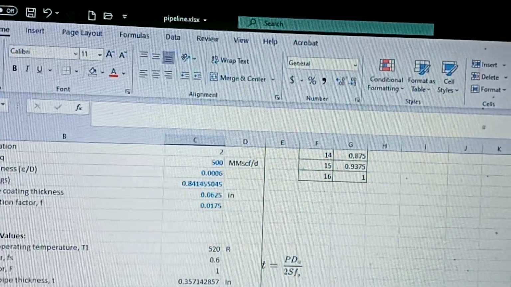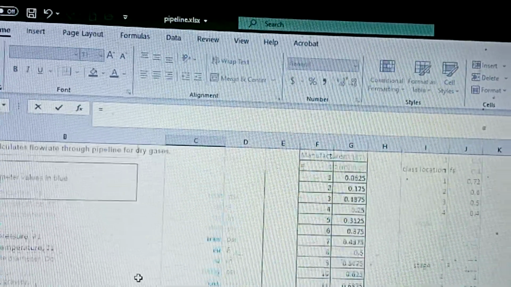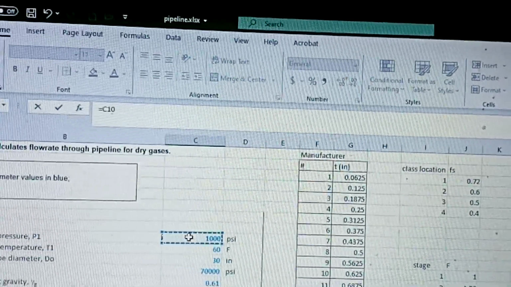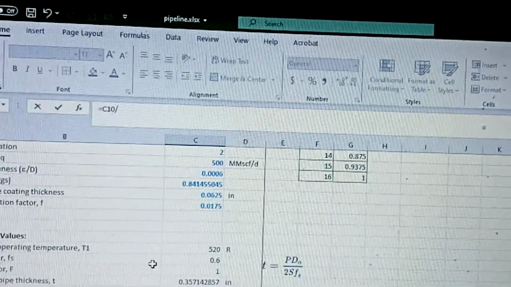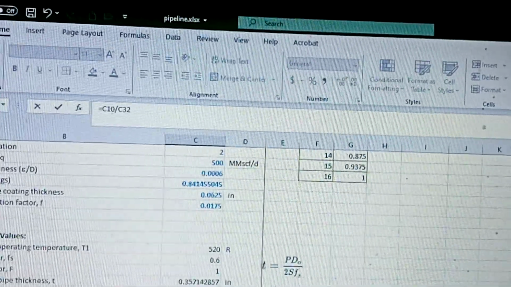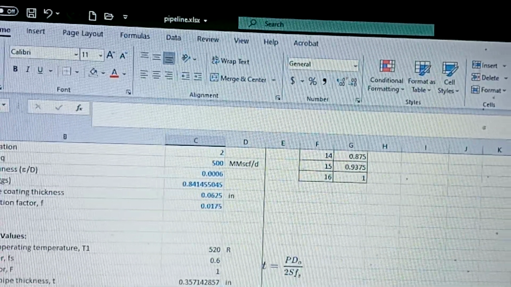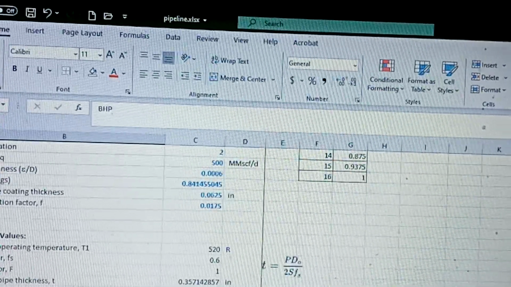Stage compression ratio equals. That should be, I'm boosting it back to 1000. 1000, which is the maximum operation, slash whatever I calculate here. So my compression ratio is 1.32.